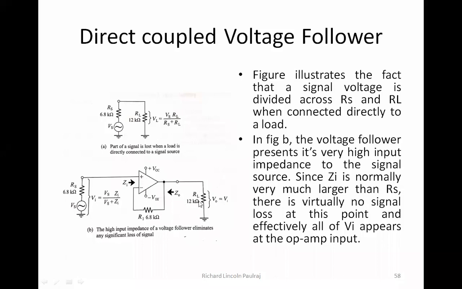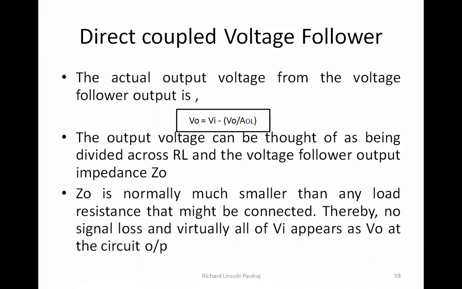So taking these into consideration, Z0 is very low output impedance. So Z0 is normally much smaller than any load resistance. So ideally, our output impedance is 0, right? So very low output impedance, and any resistance, even if I put about 10 kilo ohms, becomes very much larger compared to Z0. Yes or no, students?